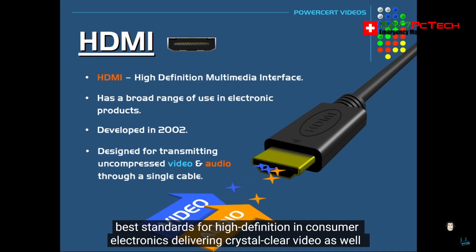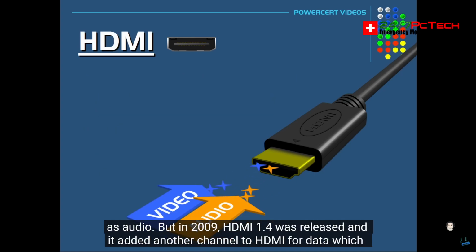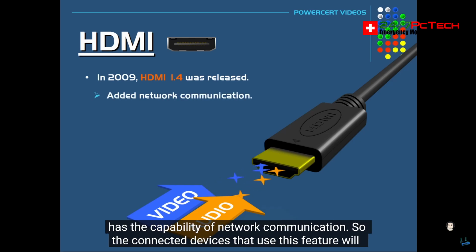HDMI is one of the best standards for high definition in consumer electronics, delivering crystal clear video as well as audio. But in 2009, HDMI 1.4 was released, and it added another channel to HDMI for data, which has the capability of network communication.